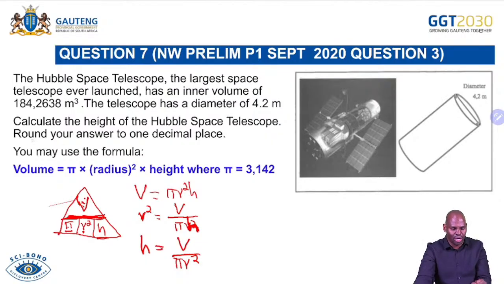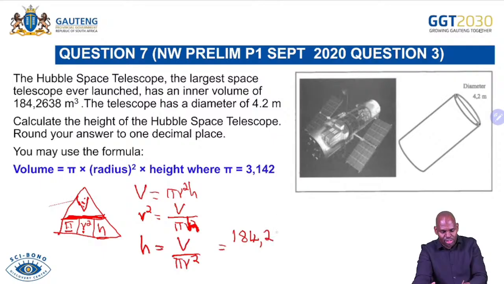Let's see, for this one, what are we supposed to calculate? We're supposed to calculate the height. So we're going to use this formula. What is our volume? Our volume is 184,2638 over, what is the value of pi? 3,142. And then what about the radius?